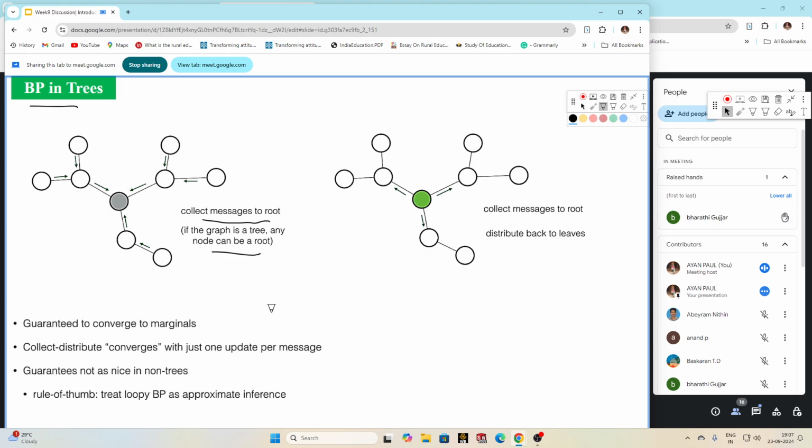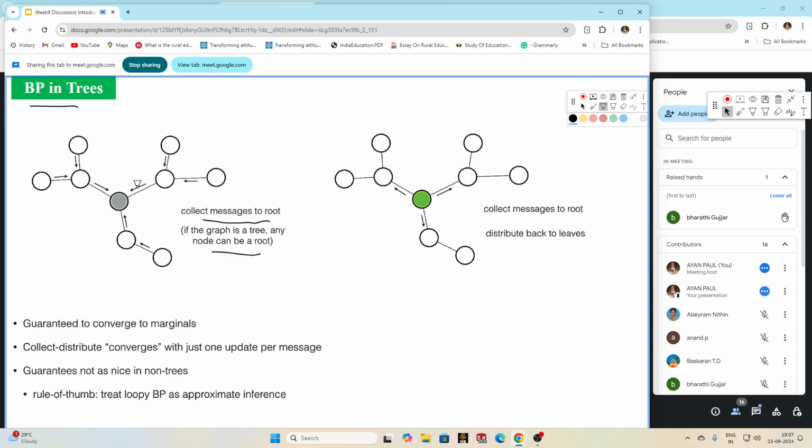It is guaranteed to converge to the marginals. Collect, distribute, converges with just one update per message. Any node will be updated by just one update per message.